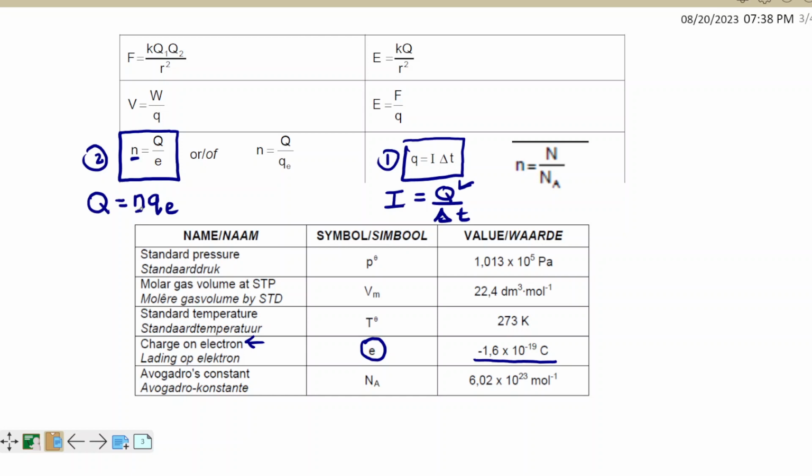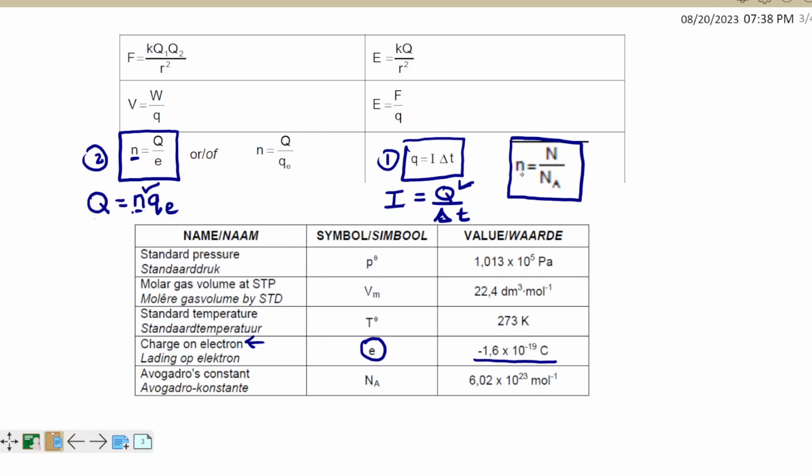So this N is the number of particles, or the number of electrons. But how to find the number of electrons? Because to find Q, you need to know how to find N, because we know the quantization of charge is 1.6 times 10 to the negative 19 coulomb. So to find N, we use this formula now. It says n is equal to N over Na.